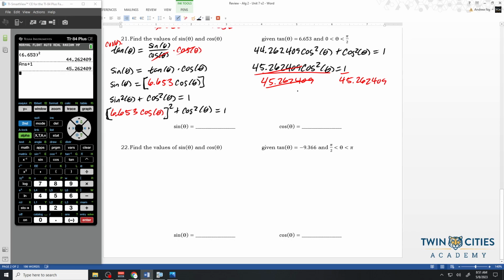That'll give me cosine squared of theta is equal to 1 divided by 45.262409, 0.02209. Finally, I'm ready to take the square root here.